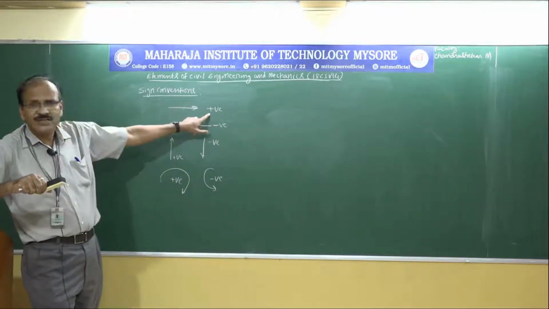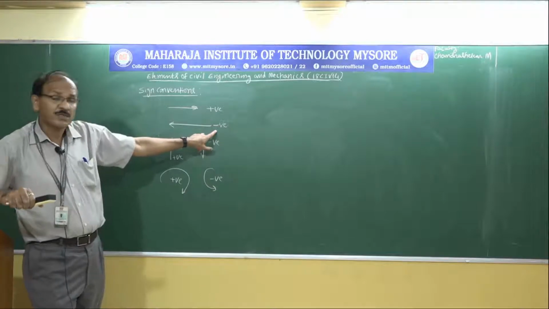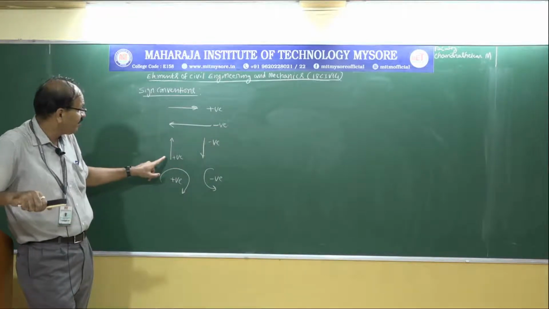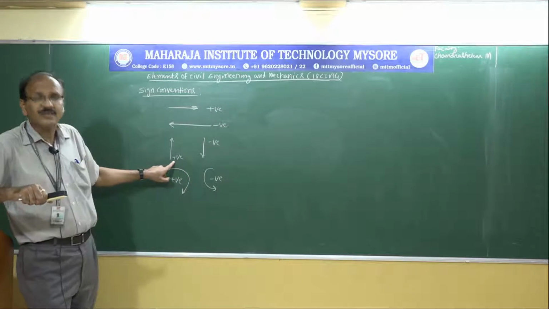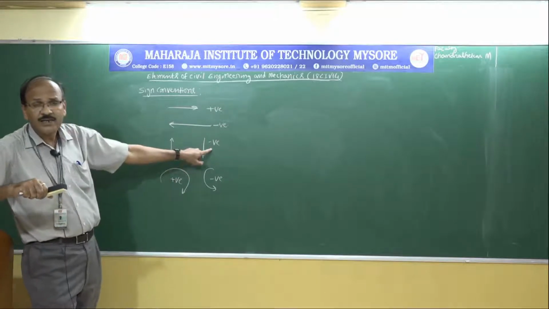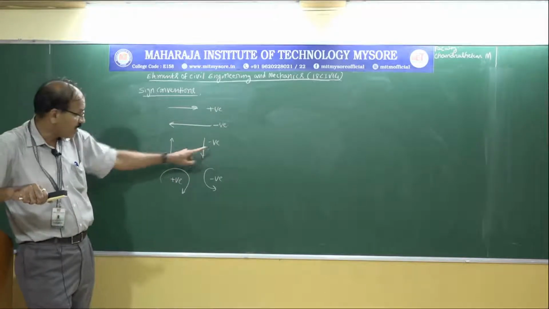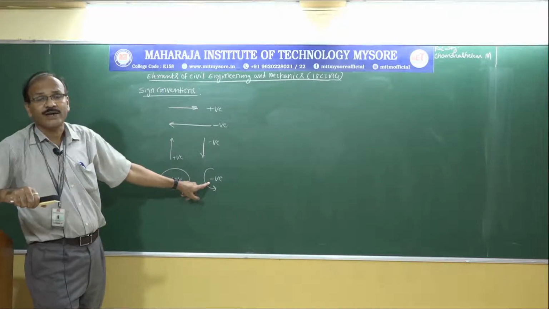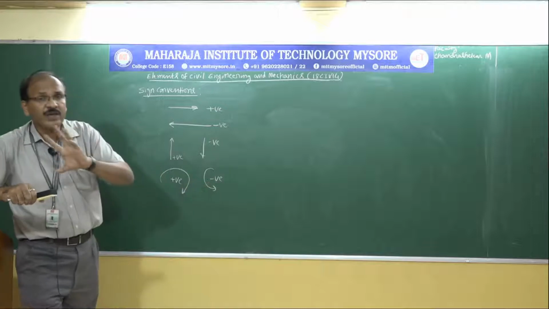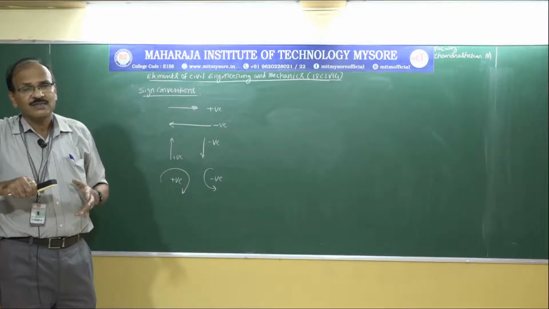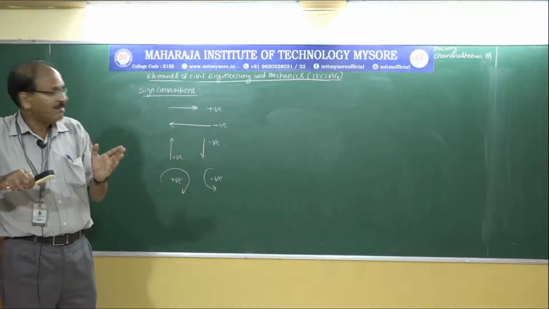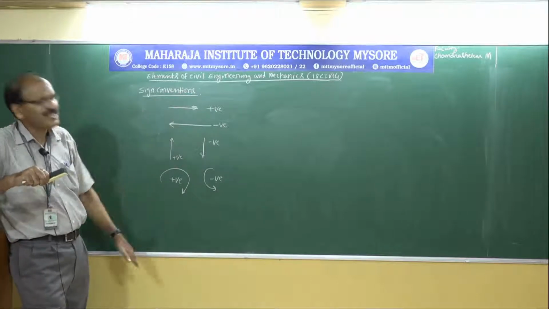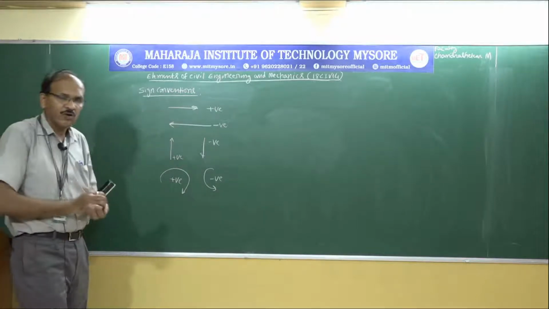You can take this as negative, then this will become positive automatically. Whichever way you are comfortable with, you can take that sign convention, but here we are going to follow these sign conventions. I hope this is clear.